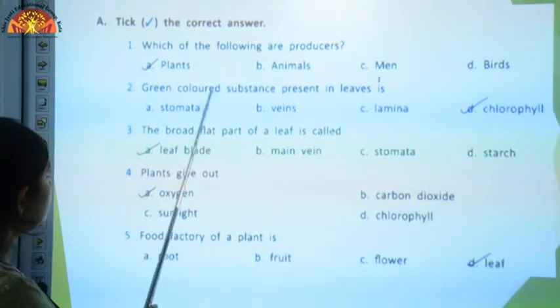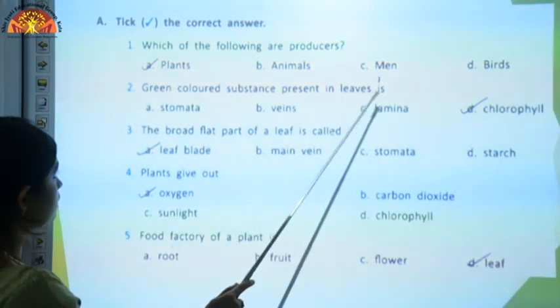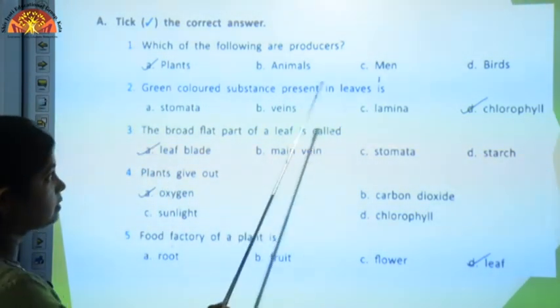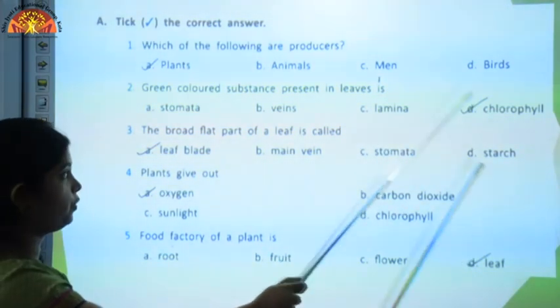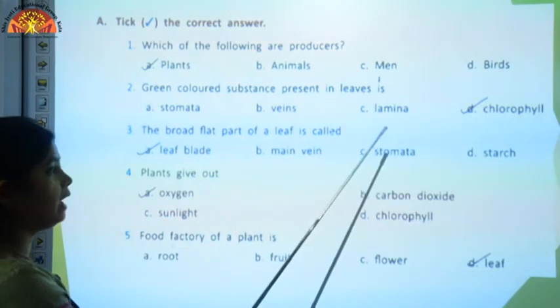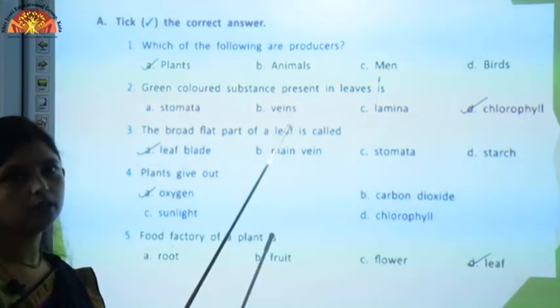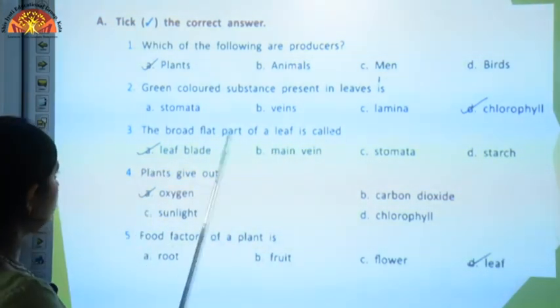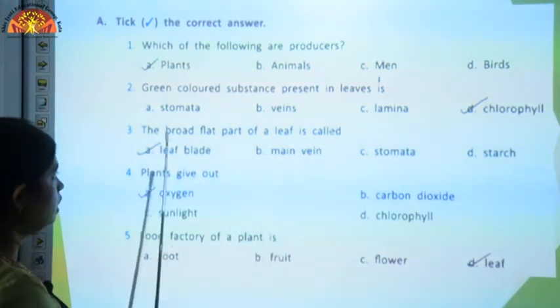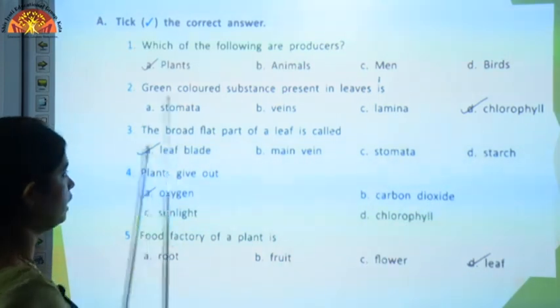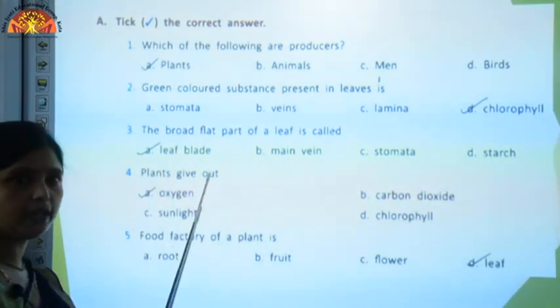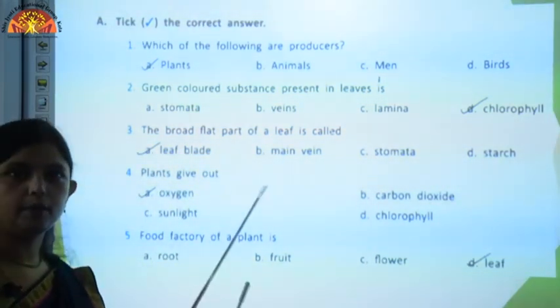Then green colored substance present in leaves is stomata, veins, lamina, chlorophyll. Here the correct answer is chlorophyll. Stomata, veins and lamina are the parts of a leaf. The broad flat part of a leaf is called leaf blade, main vein, stomata or starch. Here the correct answer is leaf blade and it is also called as leaf lamina.